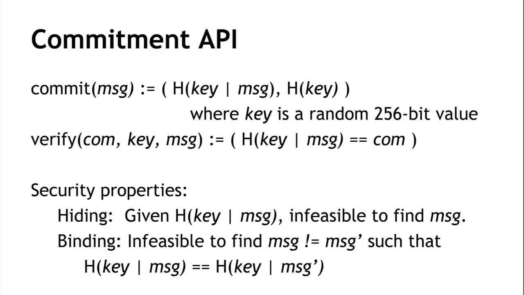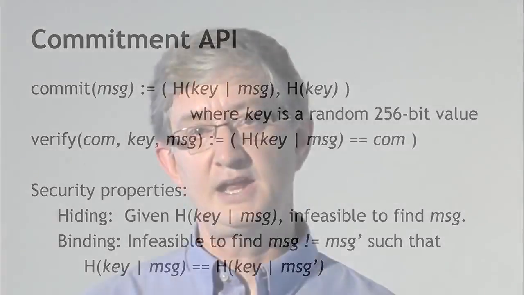So that if someone can find two messages which have the same hash like this, well, then they have an input value here and an input value there that are different, and yet those have the same hash. And so because of the two security properties we've talked about for hashes so far, this commitment scheme will work in the sense that it will have the necessary security properties. Okay, so that's the second security property of hashes, that they're hiding, and the application of that is commitments.